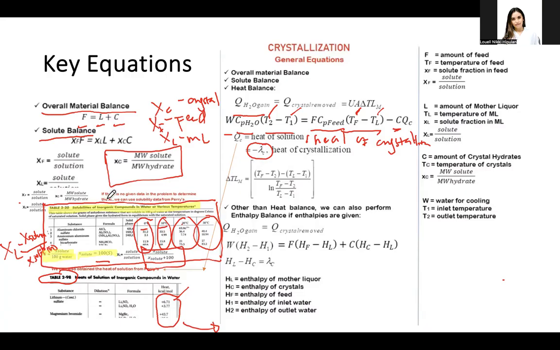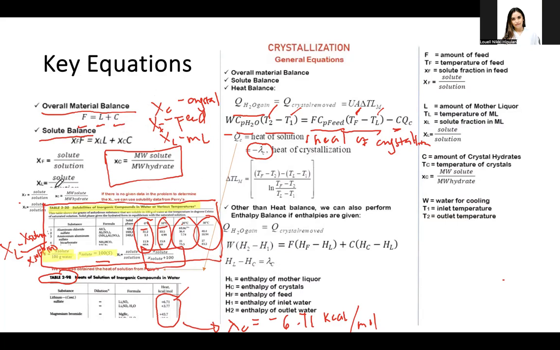So here, 6.75, your heat of solution, or heat of crystallization, is negative 6.71 kcal per mole. Take note that the heat of crystallization is the negative of your heat of solution.